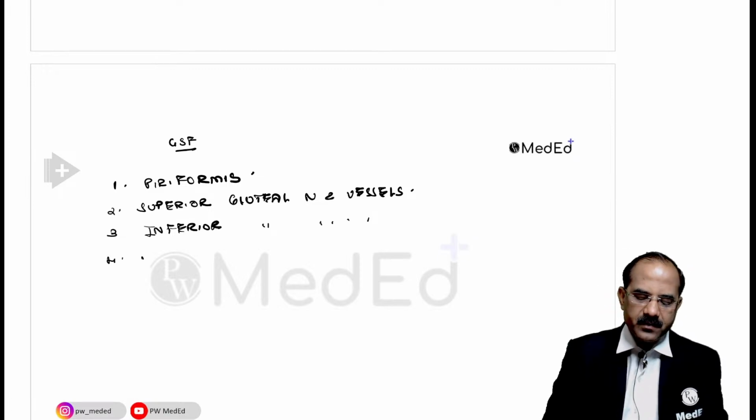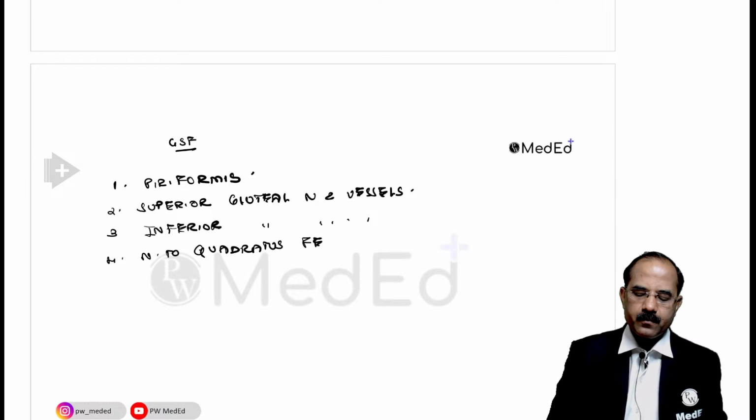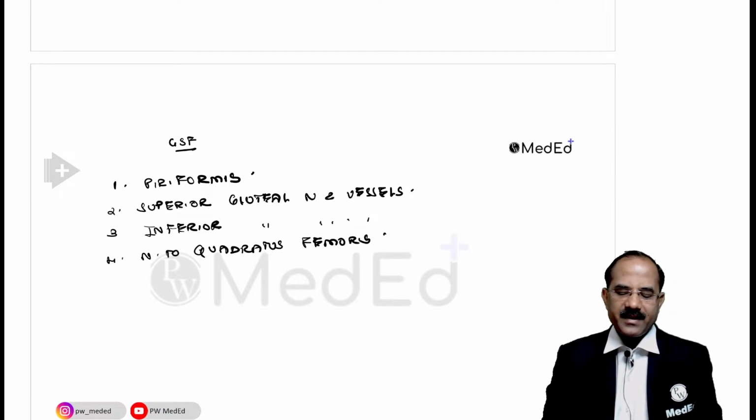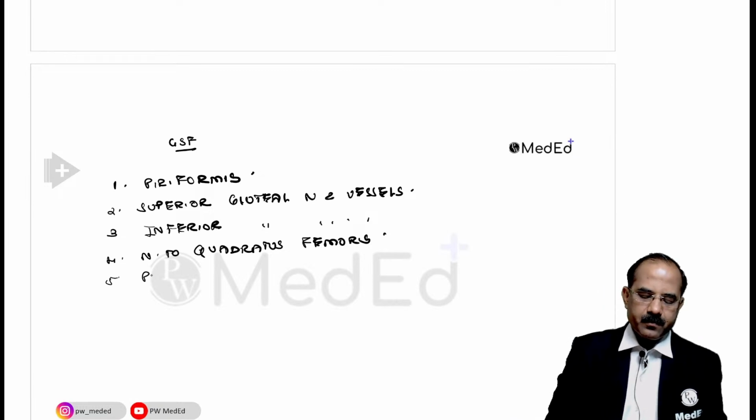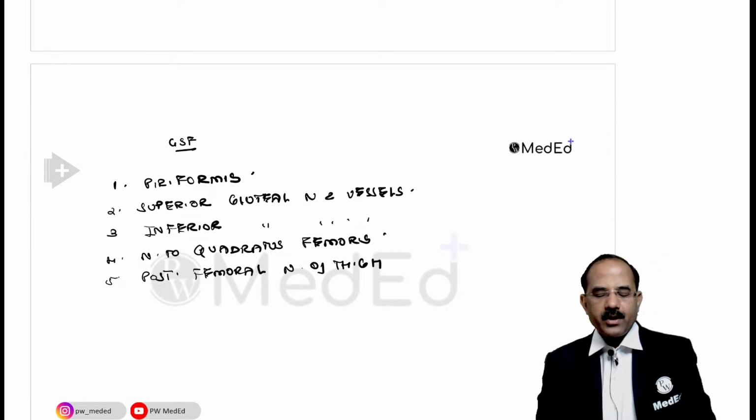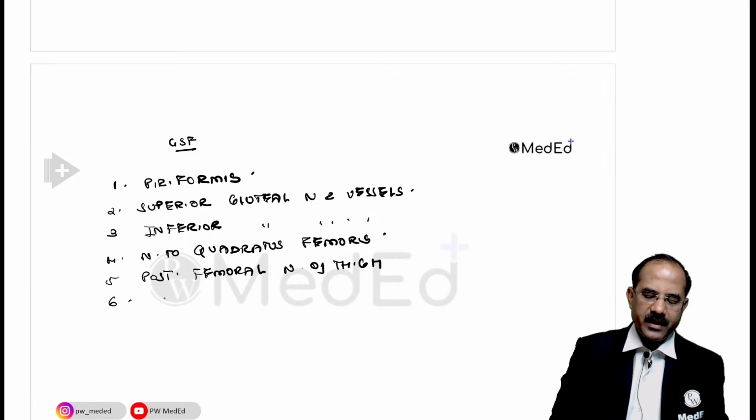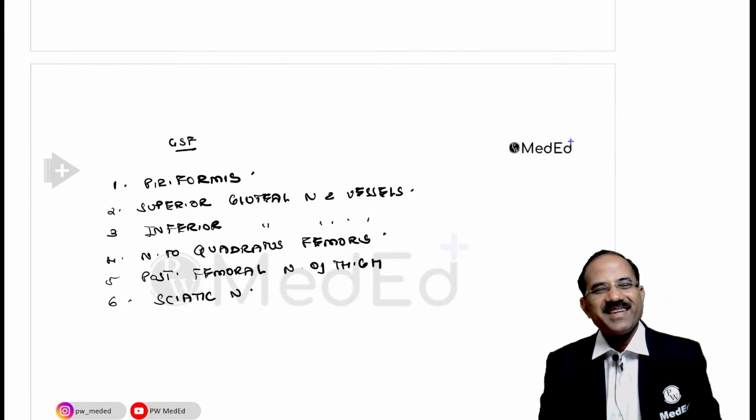Nerve two, nerve to quadratus femoris. Posterior femoral cutaneous nerve of thigh. And the sciatic nerve, I had forgotten it, I just forgot the sciatic nerve.